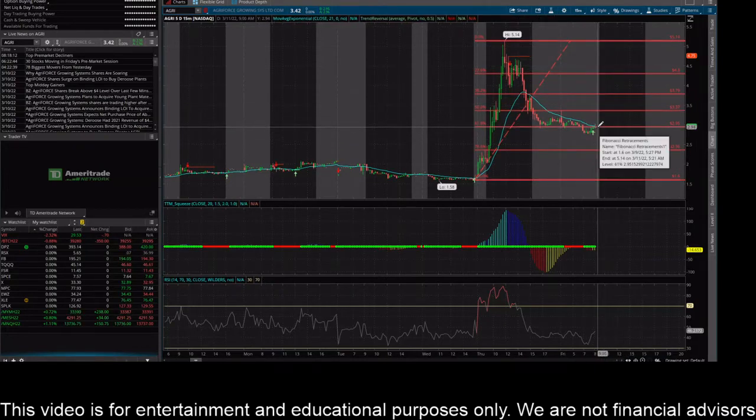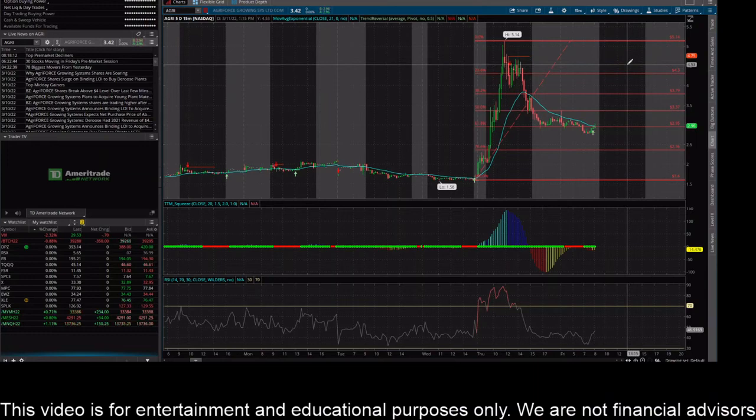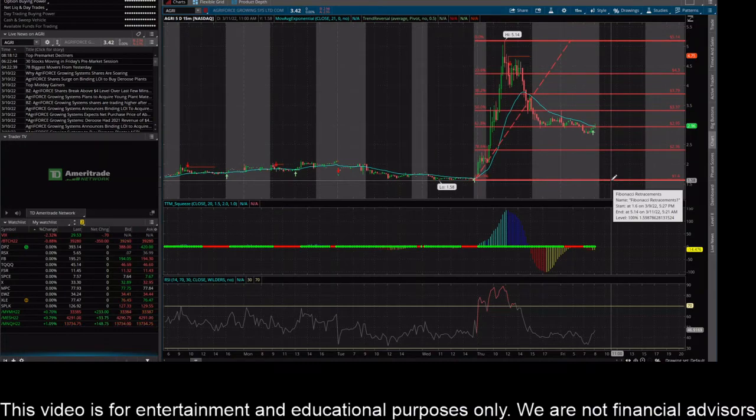Are the bulls going to take this and start to drive it up again and make another crazy run to retest this 5.14, or are we going to sell off and head towards a 100% retracement? So yeah, that's what I'm seeing on AGRI related to the fib levels, and how to throw up the levels on your chart if you are using ThinkorSwim.